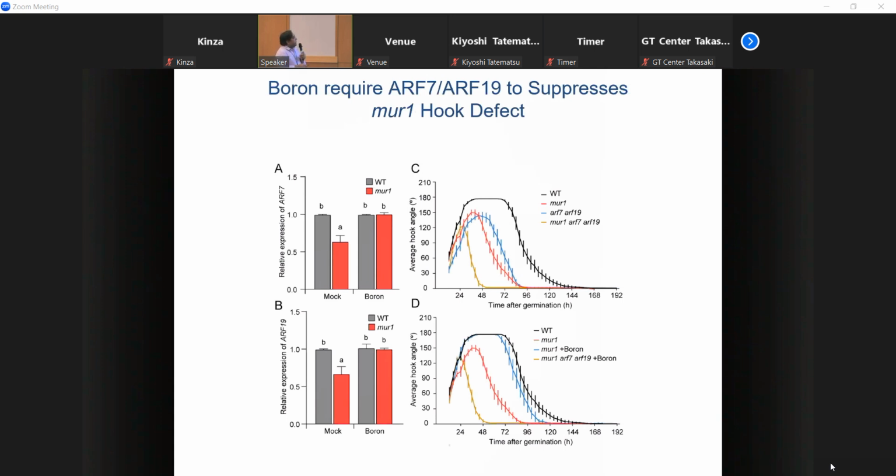But in mur1, as you can see, mur1 with boron can rescue. So why in the triple mutant does it not rescue? It suggests that probably the defect in pectin RG-II dimerization is mediated through ARF7, ARF19. But here it shows an additive effect. So it's a very complex phenomenon. It's very difficult to answer at the moment how exactly it is going.